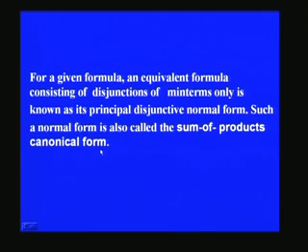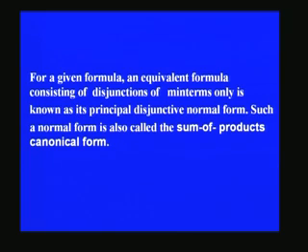So, you should have a disjunction of minterms. Earlier we had disjunction of elementary products. Here we have disjunction of minterms. So, let us see how to convert a given formula into principal disjunctive normal form.